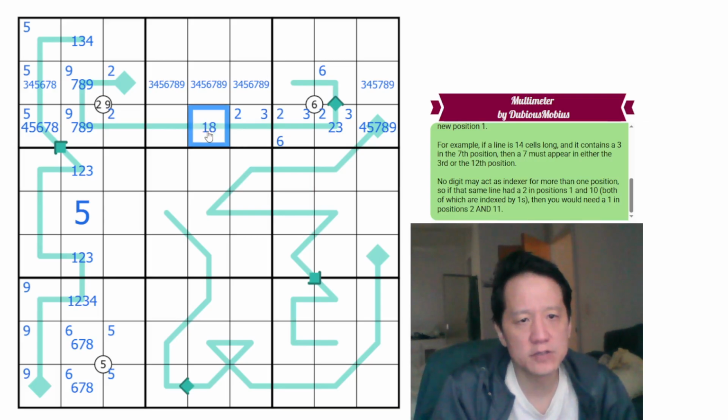If this is 8, that would force this to be 6. Therefore, 7 and 9 would be 2 or 3. That's fine.